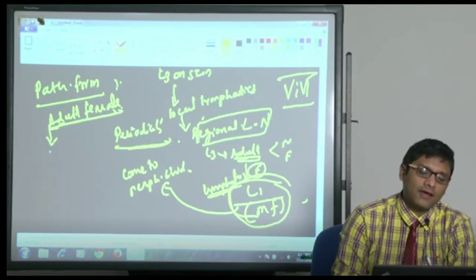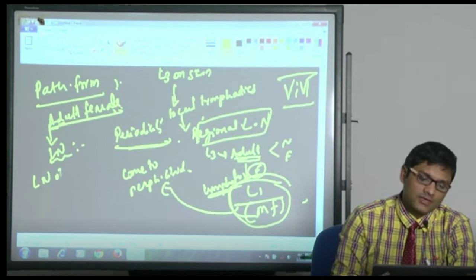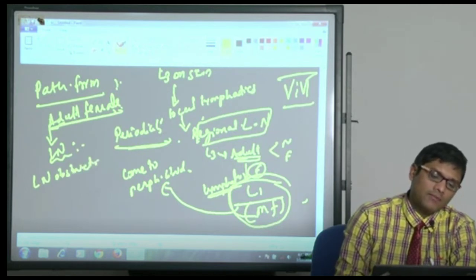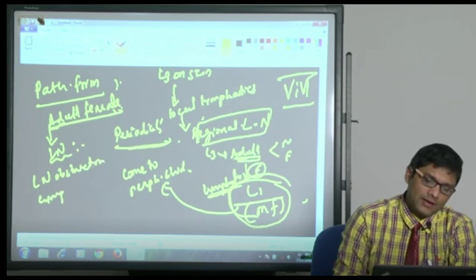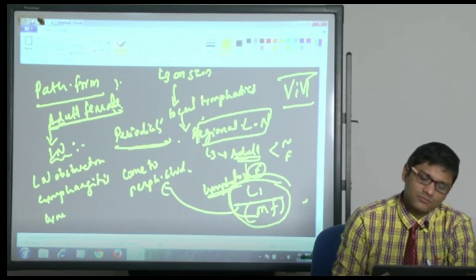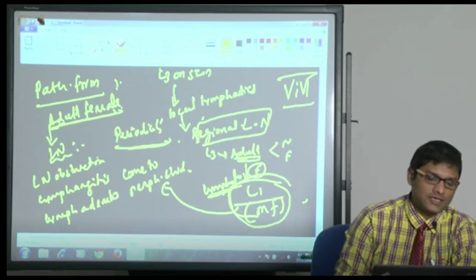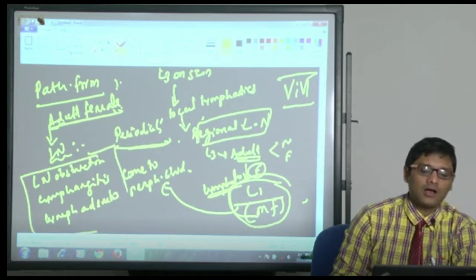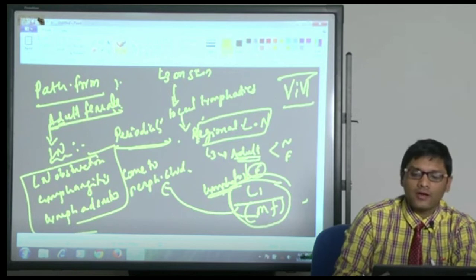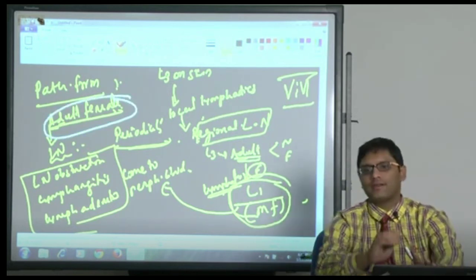They multiply in the lymph node, and that leads to lymph node obstruction, lymphadenitis, lymphangitis. So these are the various pathological features. This occurs because of the adult female, not because of microfilaria.